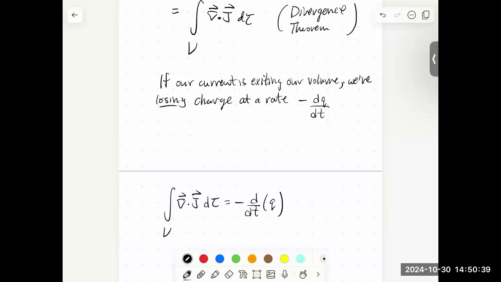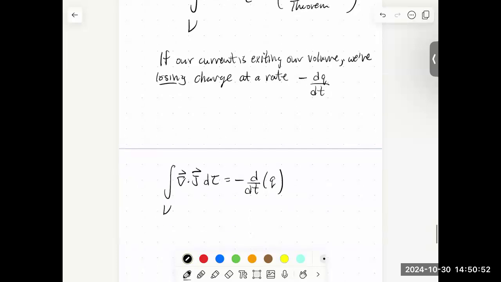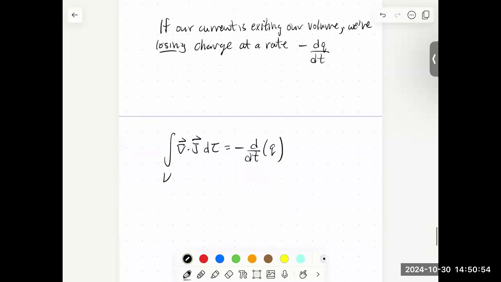If I had a volume that was charged, how would I calculate the total charge in that volume? Suppose I told you what the charge per unit volume was. Yeah, so what we would do is we would say minus d by dt, that part I'm not going to change, but q I could write as the integral of rho d tau, right?